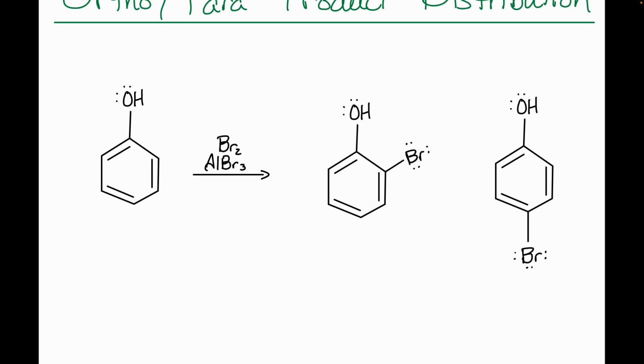Okay, so if we look at now the distribution of products, right? We carry out this reaction, we take our product, we put it on something like a GC, which will give us a readout of how much of each product we get. What we would find is we would have a distribution where about 66% of our product was that ortho product, and 33% of that product was our para product.